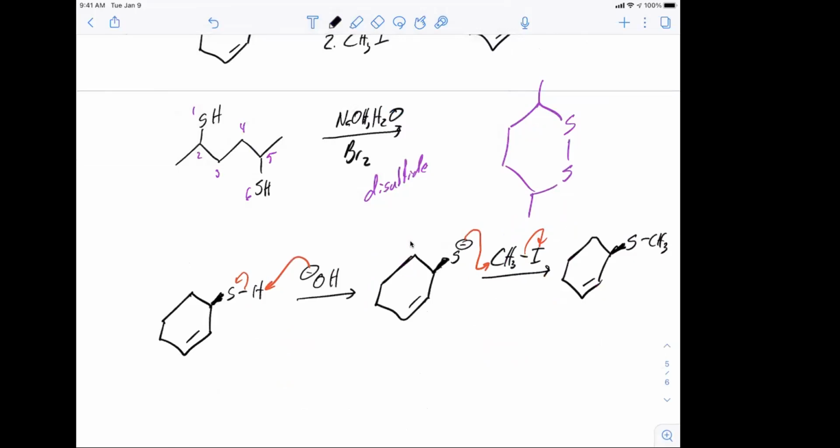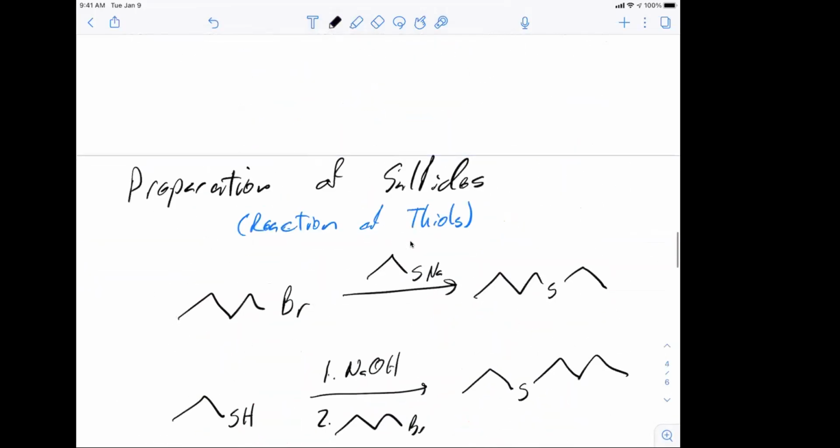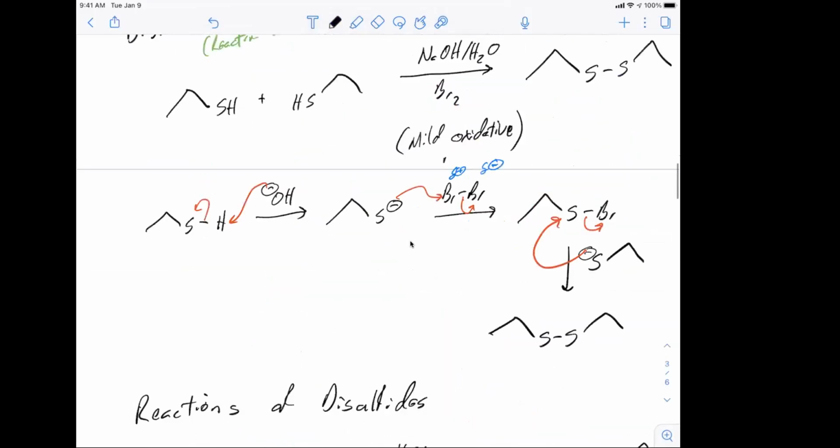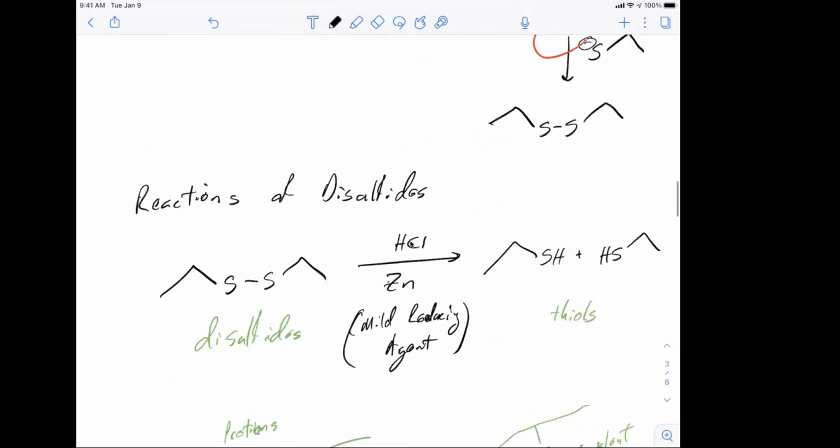All right, so the main reactions we have for thiols is actually creating sulfides and creating disulfides. So our main reaction for thiols is this. Of course, thiols are like alcohols. They have their own kind of thing, but when we think about reactions, you create a thiol to create potentially a disulfide or a sulfide.